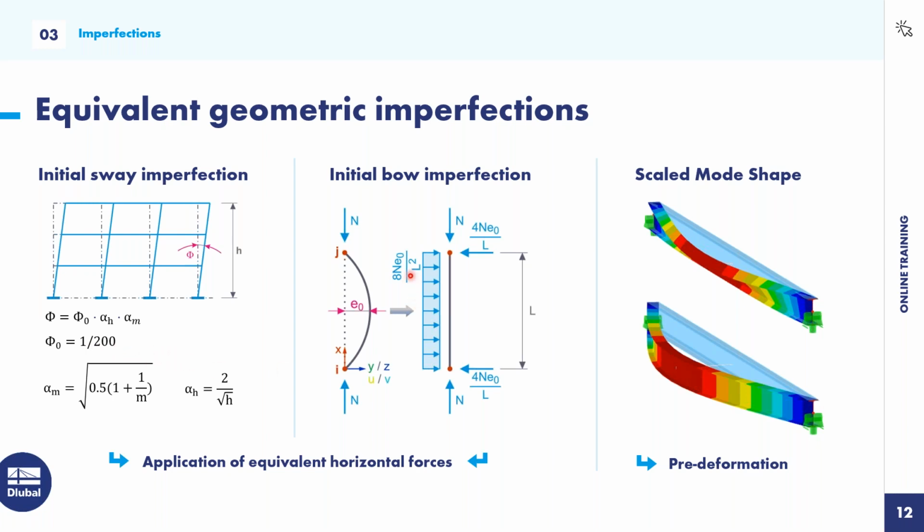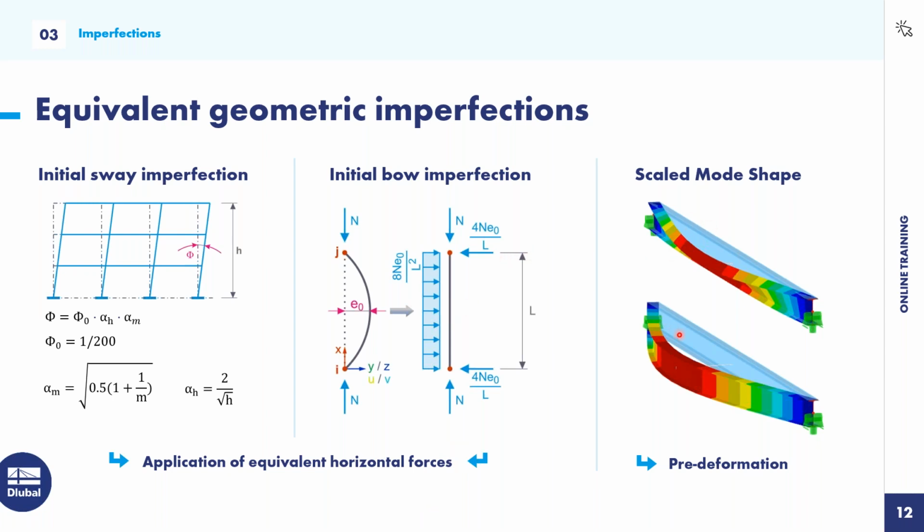Then on the right side, I have here this initial bow imperfection. This is a kind of pre-curvature, and this is a local equivalent imperfection applied to the members, and it depends on the respective profile, the yield strength, the buckling curves, and also the analysis method. And both of them can be summarized and applied on the structure as equivalent horizontal forces. So this is one thing. How can I consider imperfections too?